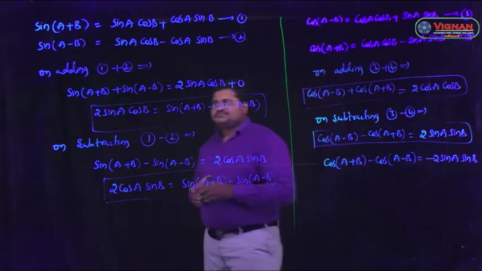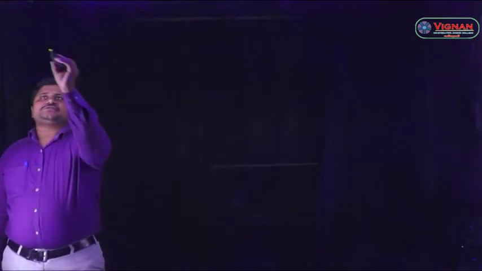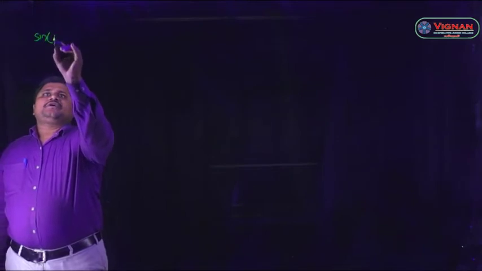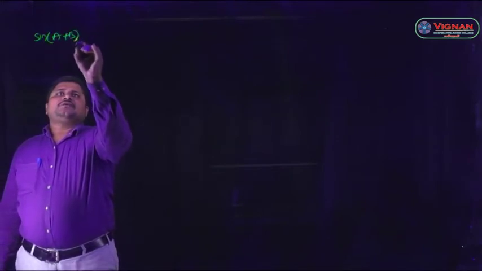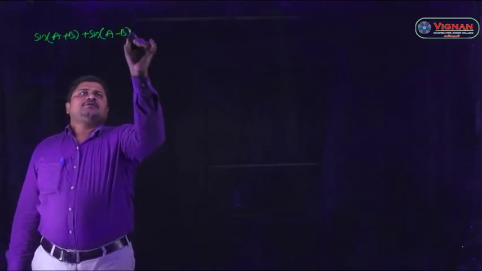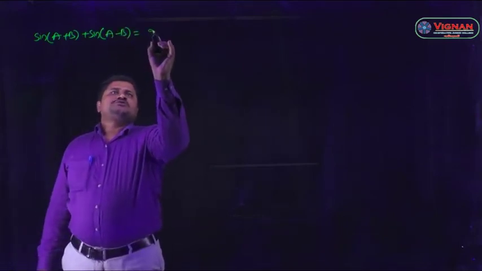Now we have four formulae. Those are sin of a plus b plus sin of a minus b is equal to 2 sin a cos b.